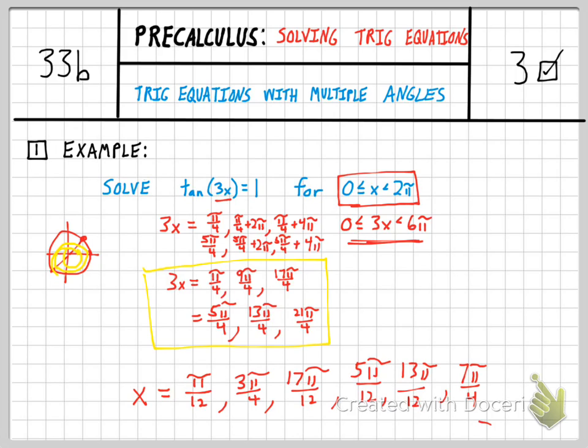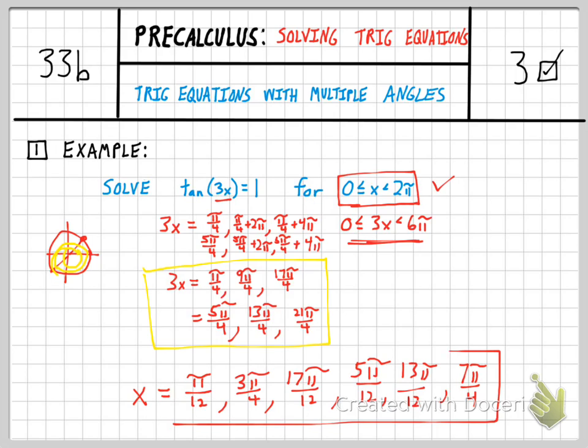And those are my solutions. Notice that the final answers here are all numbers between 0 and 2 pi, because now I'm talking about the original constraint between 0 and 2 pi.